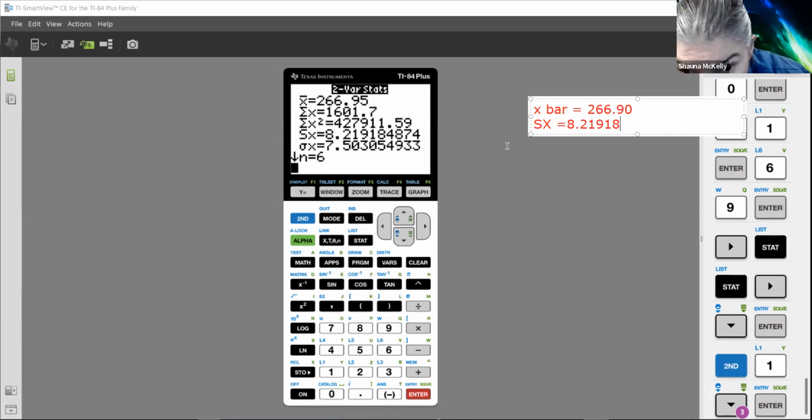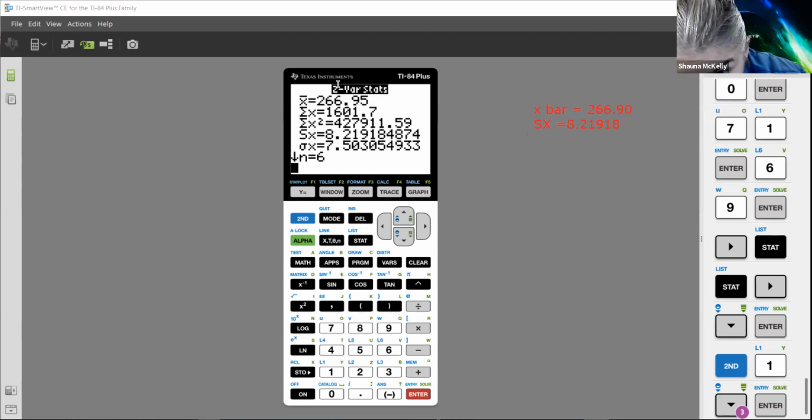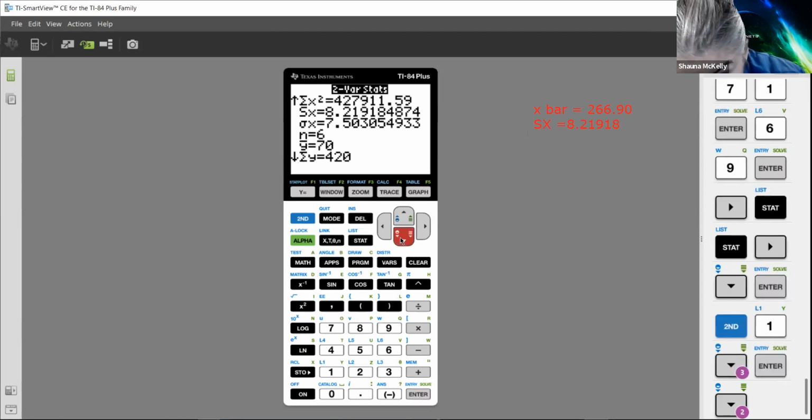Now, you have more arrows down here. I'm going to go to my mouse and arrow down. Notice it does the same thing for Y. It gives me my Y bar.